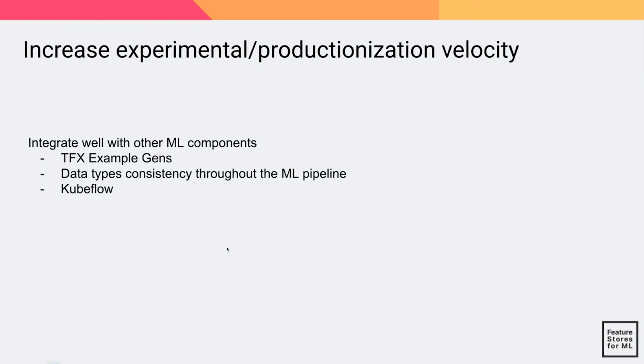We have a fixed set of types that we use, and all the inputs to this pipeline are converted into those types, and they're converted to the corresponding types in different formats throughout the ML pipeline. And we want to integrate with tools like Kubeflow as well.